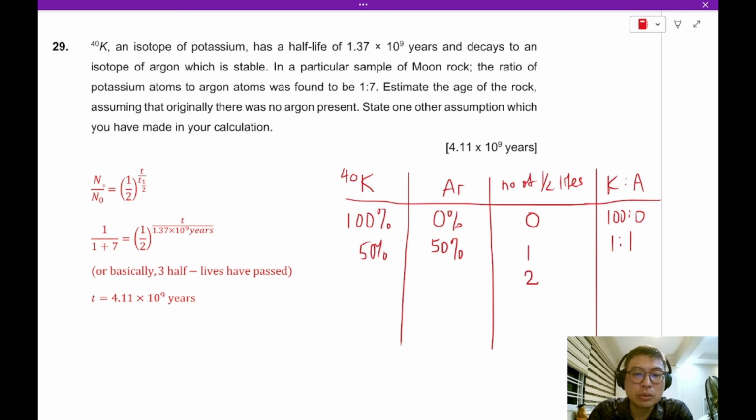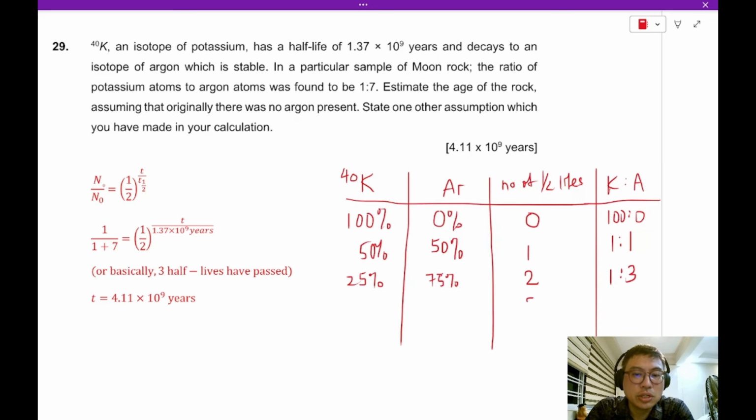What about after two half-lives have passed? The percentage of the sample that is still potassium will drop to 25%, and the percentage that is argon is now 75%, up from 50%. So the ratio of potassium to argon is now 1 to 3. Does it make sense?